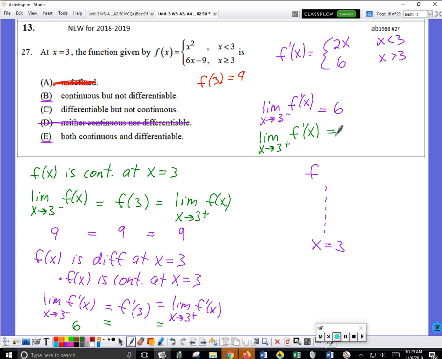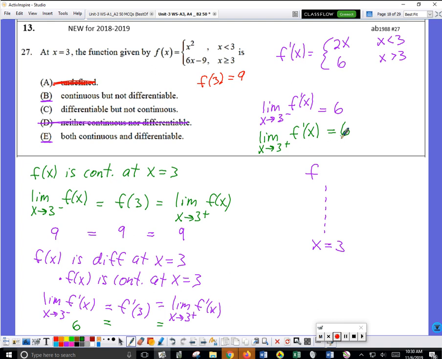So raise your hand, what belongs there in the green? Dawson? 6. So Dawson looks up here, he says, oh, x is a little bit bigger than 3, so the slope is 6. So if the slope prior to 3 is 6, or getting really close, and the slope after 3 is also really close to 6, we do not have a corner.